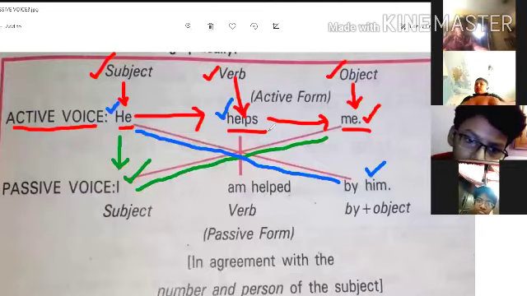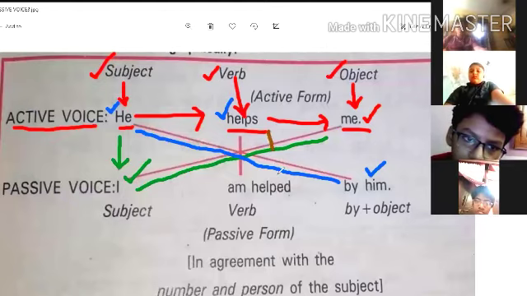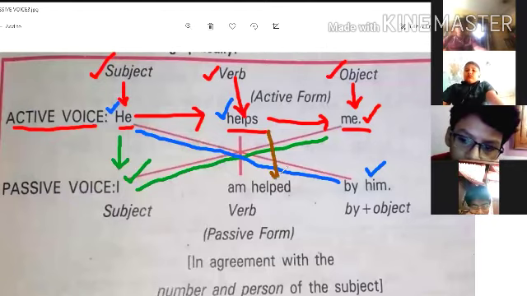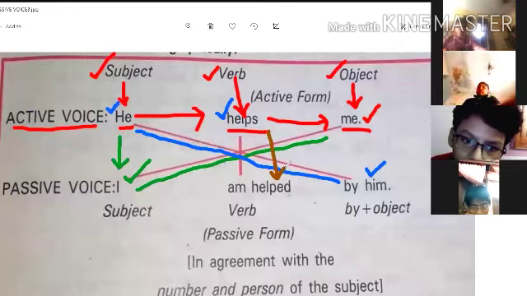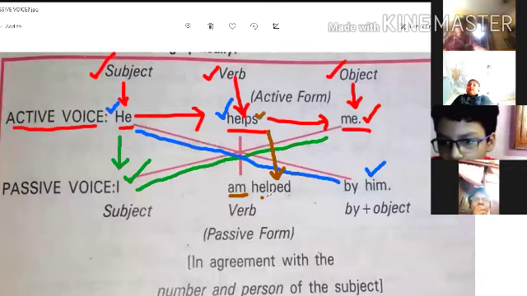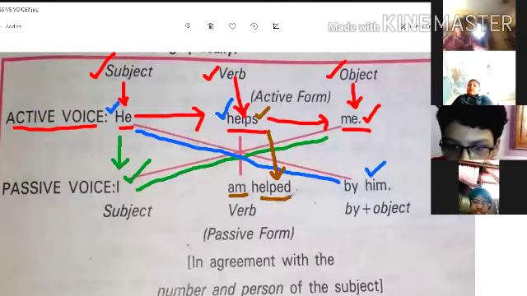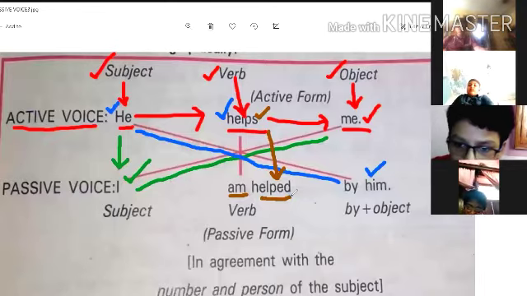So it is changing like this. We are adding am to it, because with I we always use am. We never use is or are. And then we change the main verb into the past form, the second form. All right. So this is how the active voice is changed into passive voice. This is the overview. In general, it changes like this.